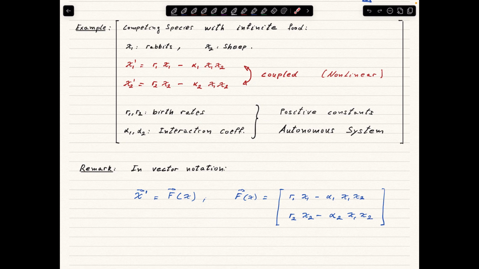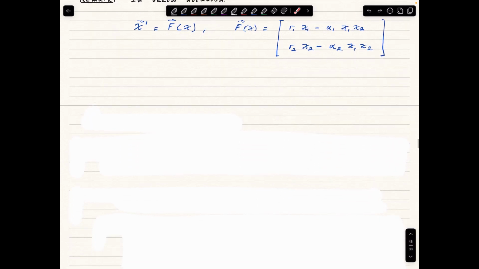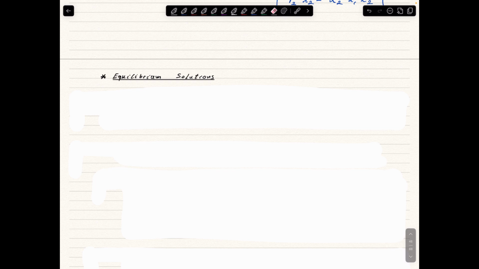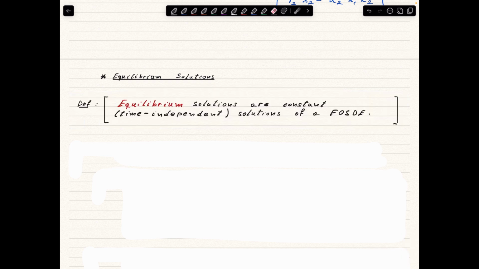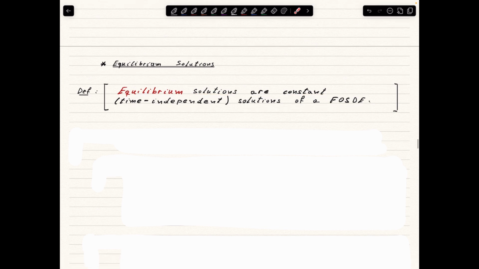There is a particular type of solutions to nonlinear autonomous systems which are simple to compute, and these are called equilibrium solutions. Equilibrium solutions are constant, that means time-independent, solutions of a first-order system of differential equations.